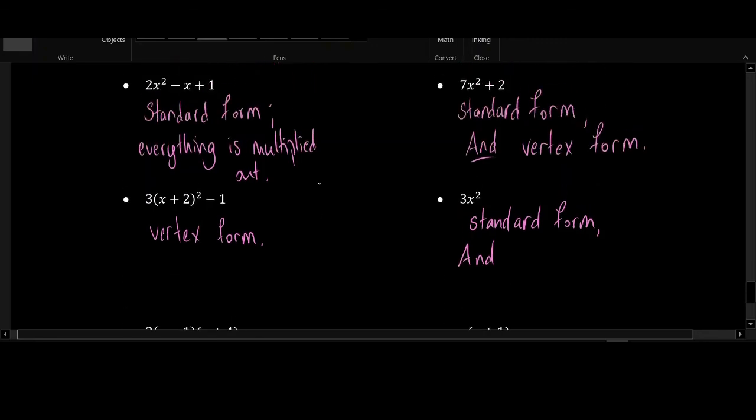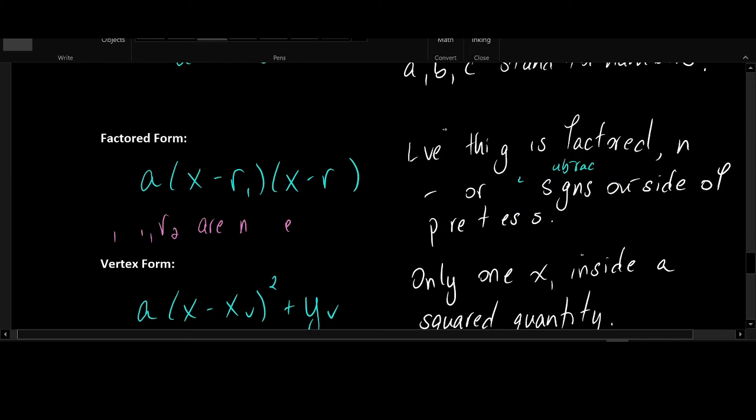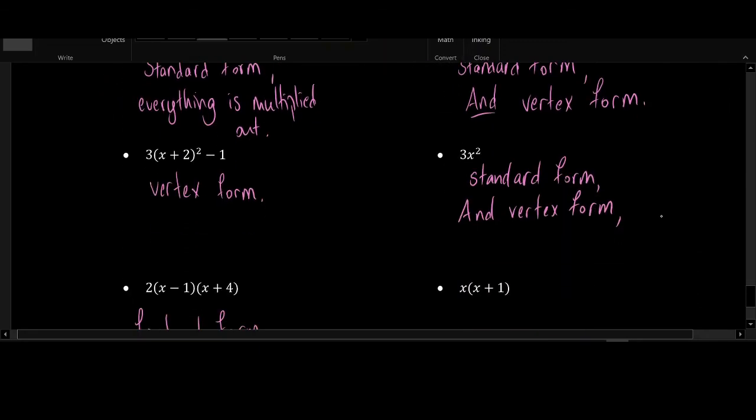So as a result, this is also in vertex form. But notice as well that we have 3 times x, and there are no addition or subtractions happening outside of these parentheses. So because of that, this is also in factored form.